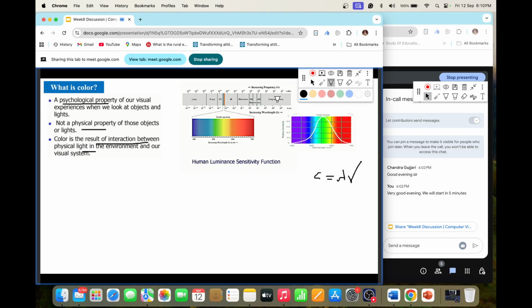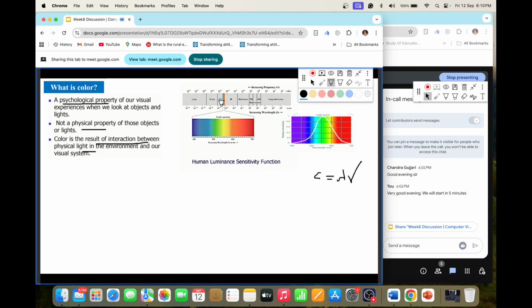Please remember this spectrum, because in many exams questions come like, what is the wavelength of our visible light? This type of question always comes, so this spectrum is very important.